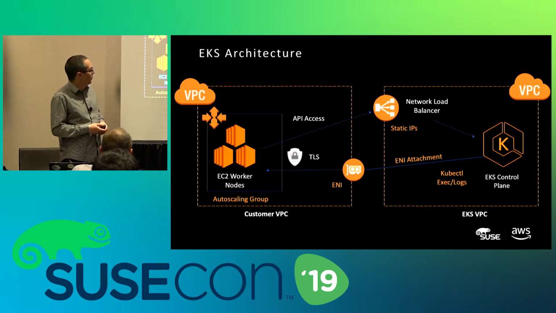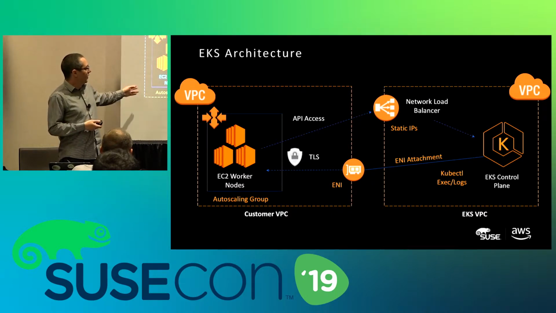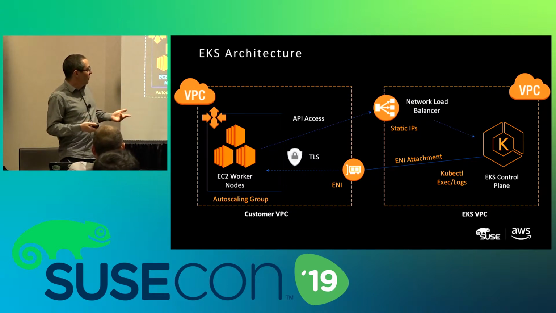So those would happen privately. And you can choose to mix and match. You could have your CLI tools running over the internet, connecting to Kubernetes publicly, and then have your worker nodes using the internal interface, or lock access to the API down entirely.